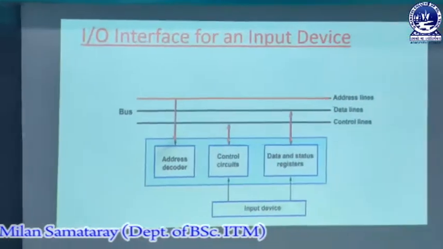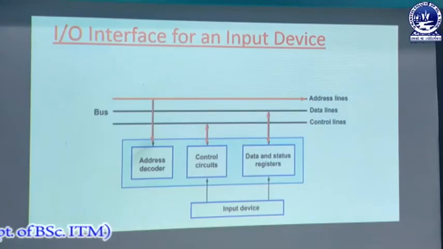Okay, and there is an address decoder which is connected to the address lines. That means whatever address flows in the address line has to be decoded and then it will be sourced in the main memory, or in the cache memory. The next one is the data lines, which are connected to the data and status registers.